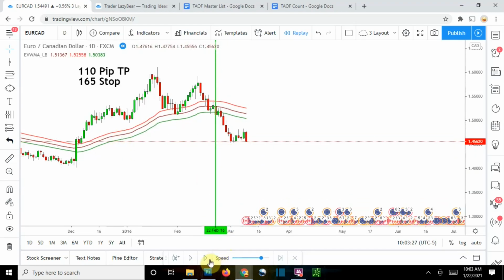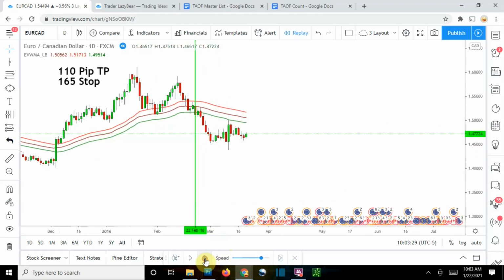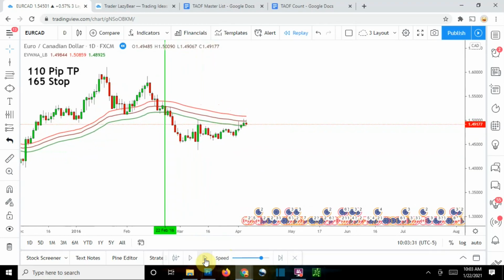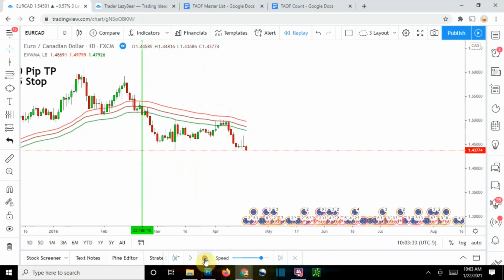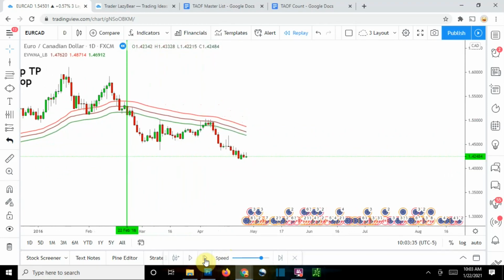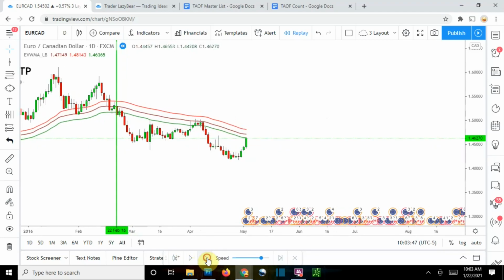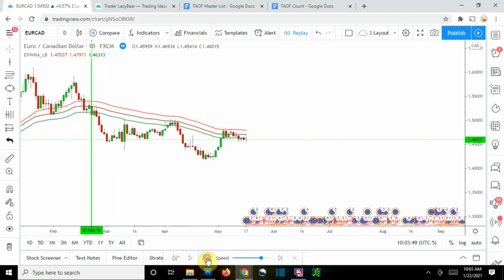The reason why I like this better than a standard moving average is that often there is no room, there is no buffer. If you're using just a single line as a price action break, then what often happens is you get pinballed in and out of trades really fast.